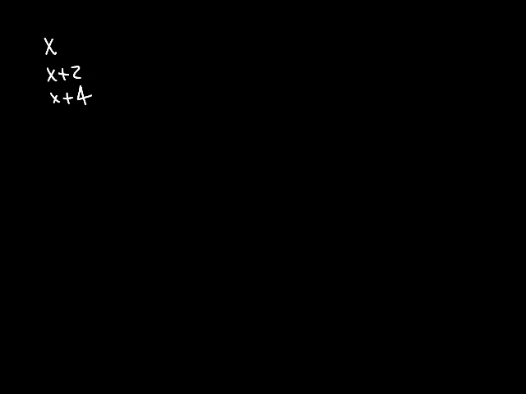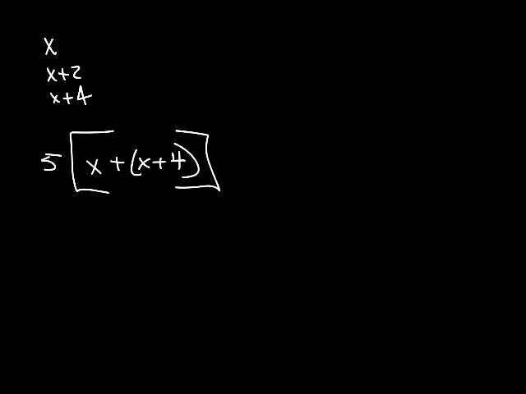Such that 5 times the sum of the first and third is 16 greater than 9 times the second. Well, what is 9 times the second? 9 times x plus 2. And it's not only 9 times the second, this one over here is 16 greater. So I'm going to put the 16 over here like that.